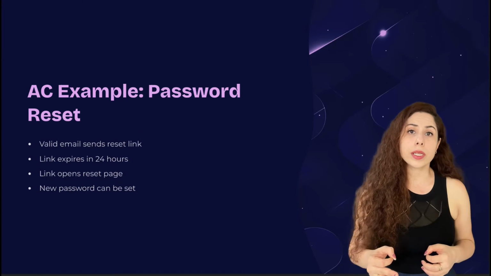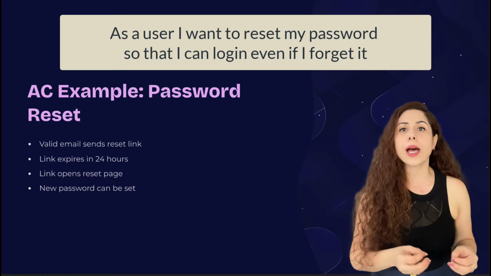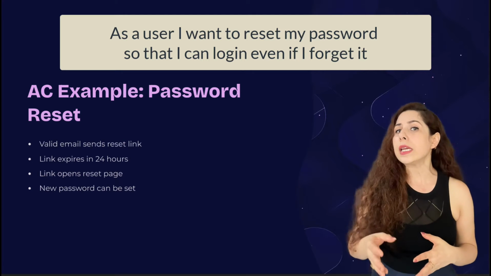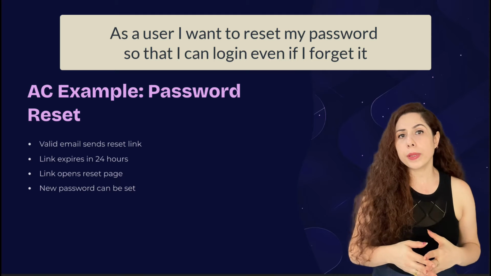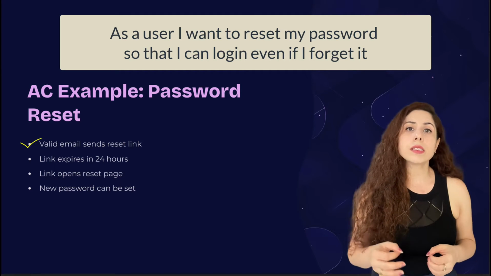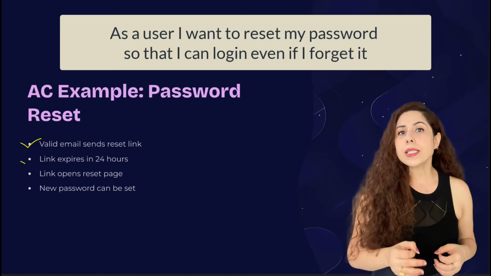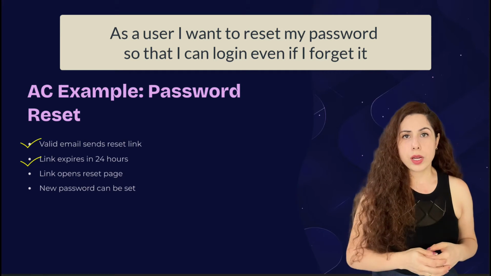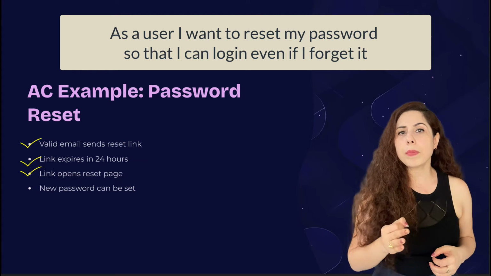Suppose there is a story that says, as a user, I want to reset my password so that I can log in again even if I forget it. The acceptance criteria would be, when a user enters a valid email, a reset link is sent. The reset link expires within 24 hours. If the user clicks the link, they are taken to a reset password page.